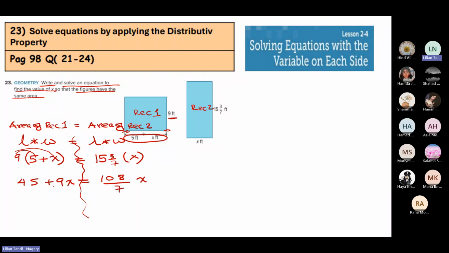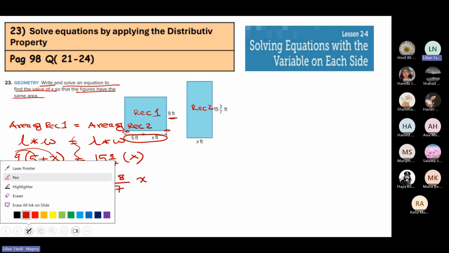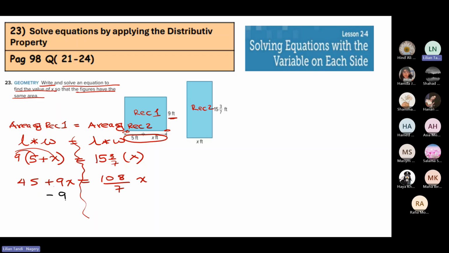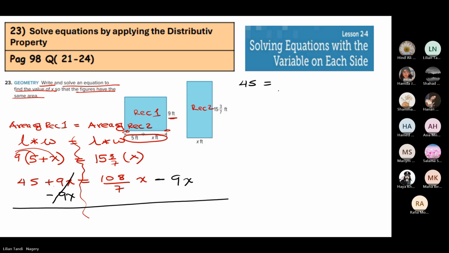So who are friends? 9x and 108 over 7x. So 9x has to go. 9x will go by subtracting. I will subtract 9x both sides. So this goes away. I will get 45 equals, when you subtract that, you should get 45 over 7x.